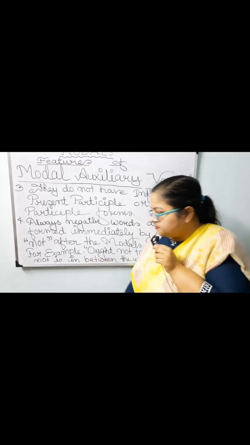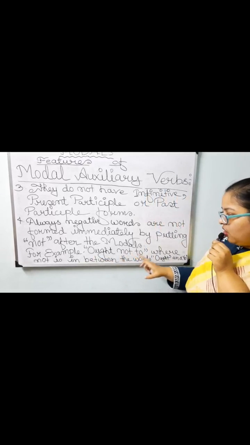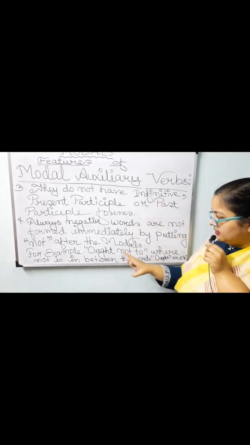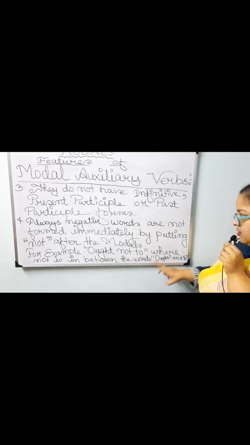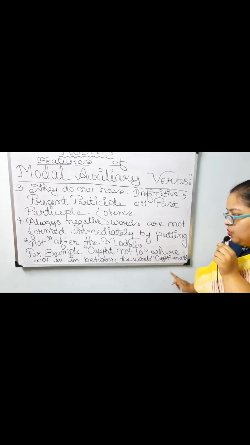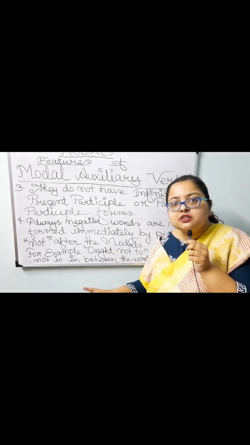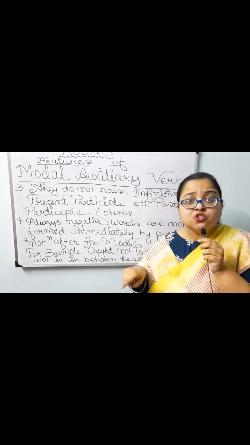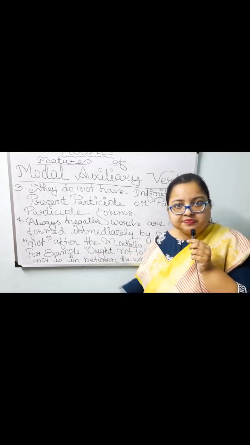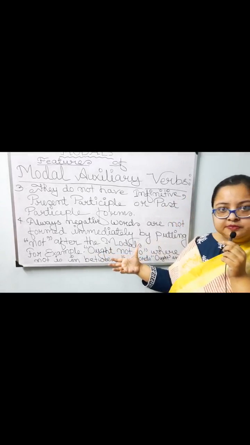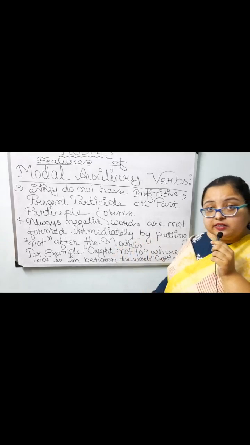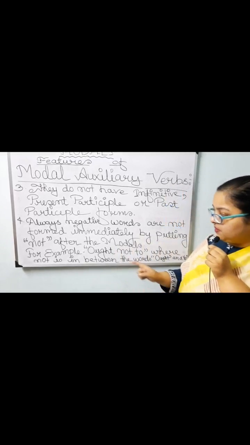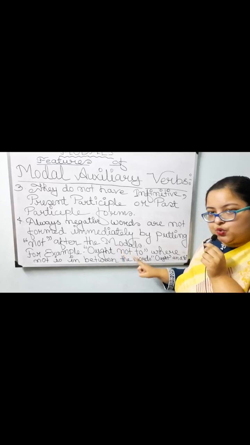For example, ought not to, where not is in between the words ought and to. So the word not is not being used after the modal ought to, rather it is in between. Okay, it is coming in between the words ought and to.